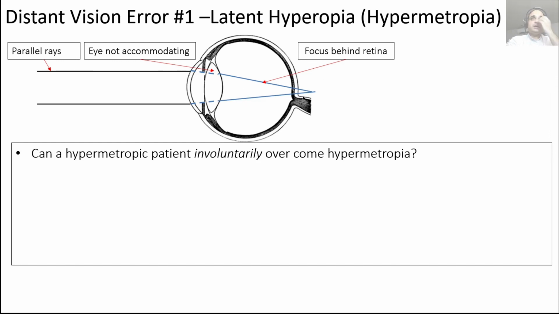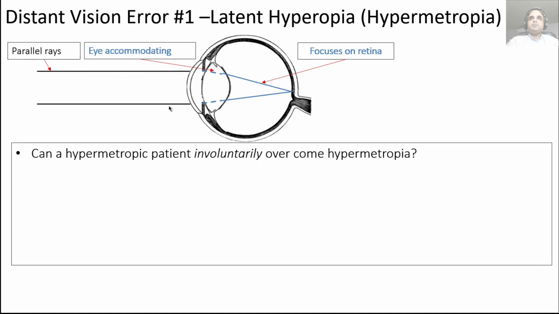If you think about it, the light rays are focused behind the retina, which produces a blurred image for the patient. And this blur can involuntarily stimulate something which can help this patient. And that something is accommodation. Remember, accommodation is something that is triggered when there is a blurred image on the retina.